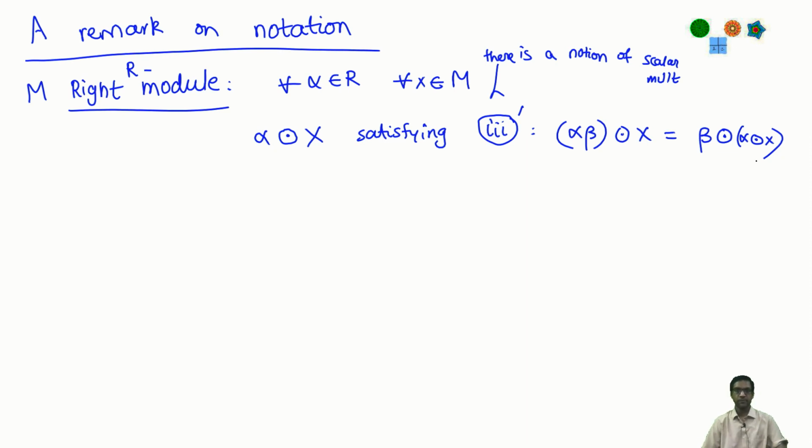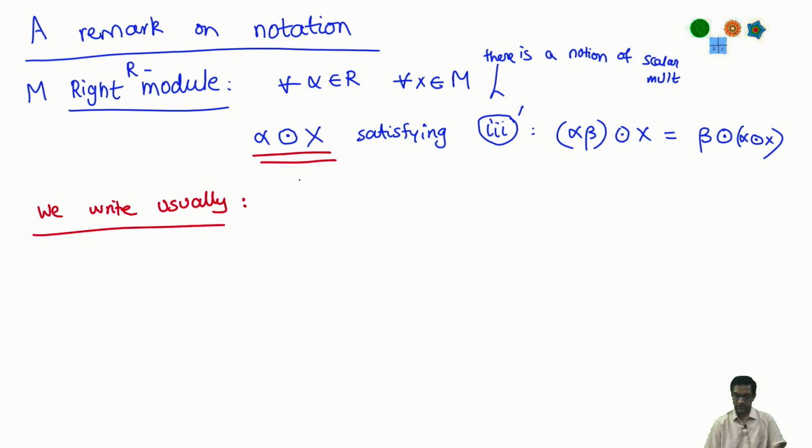Now, looking especially at the examples that we have done this time, especially the last one where R acts on itself on the right by right multiplication, here is a more conventional and alternate notation for this scalar multiplication. If you have a right module, then we usually write the scalar on the right of the vector. So we write, more conventionally, in the following order. This is only for right modules.